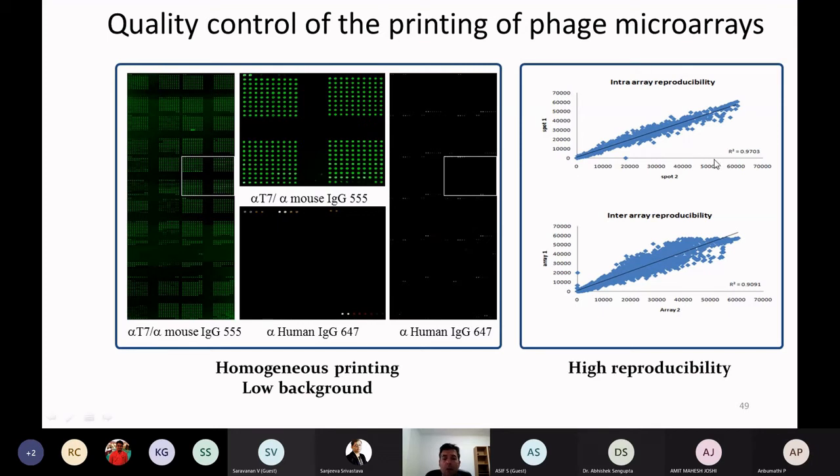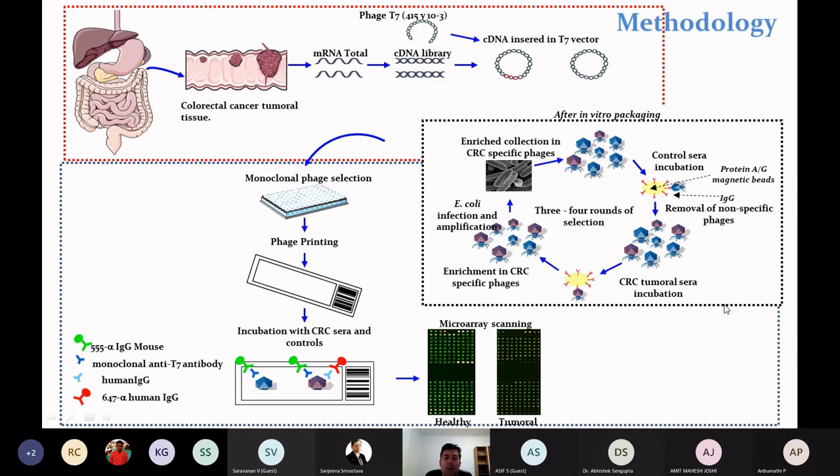The intra-array reproducibility was also very high, near 0.97 R squared, just comparing the spots printed in duplicate, and the inter-array reproducibility was higher than 90%.